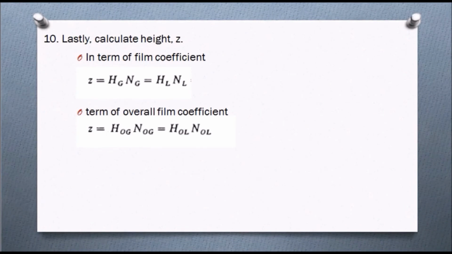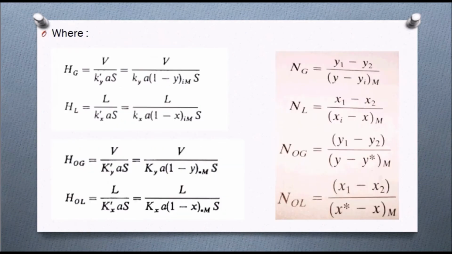Before we calculate the values of that, we need to find all the unknowns. All the unknowns can be calculated by using all these formulas, and then we can find the height.